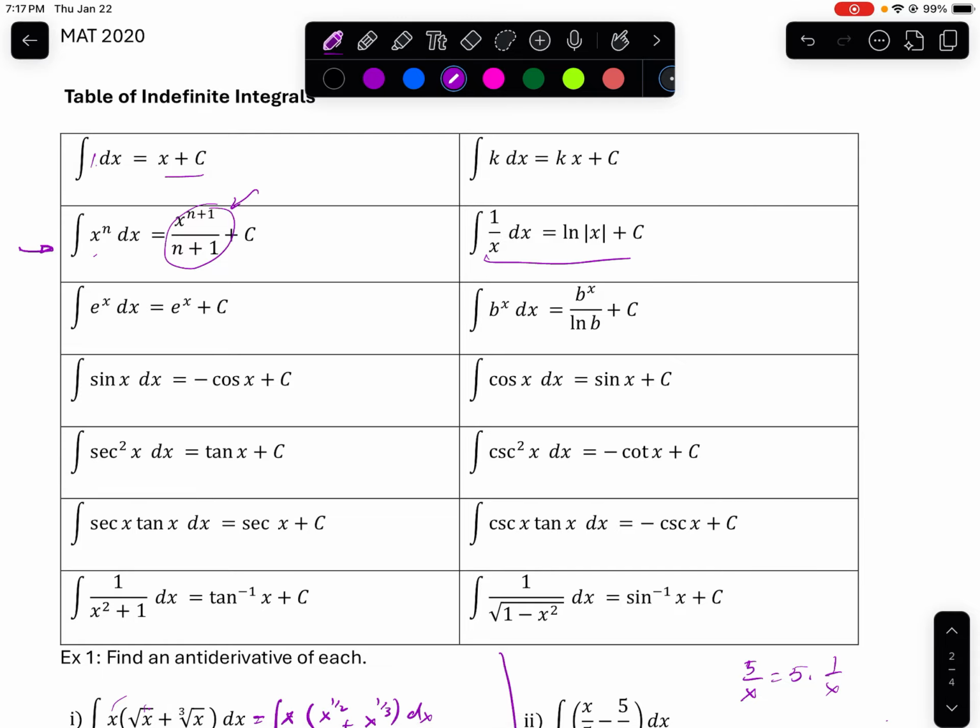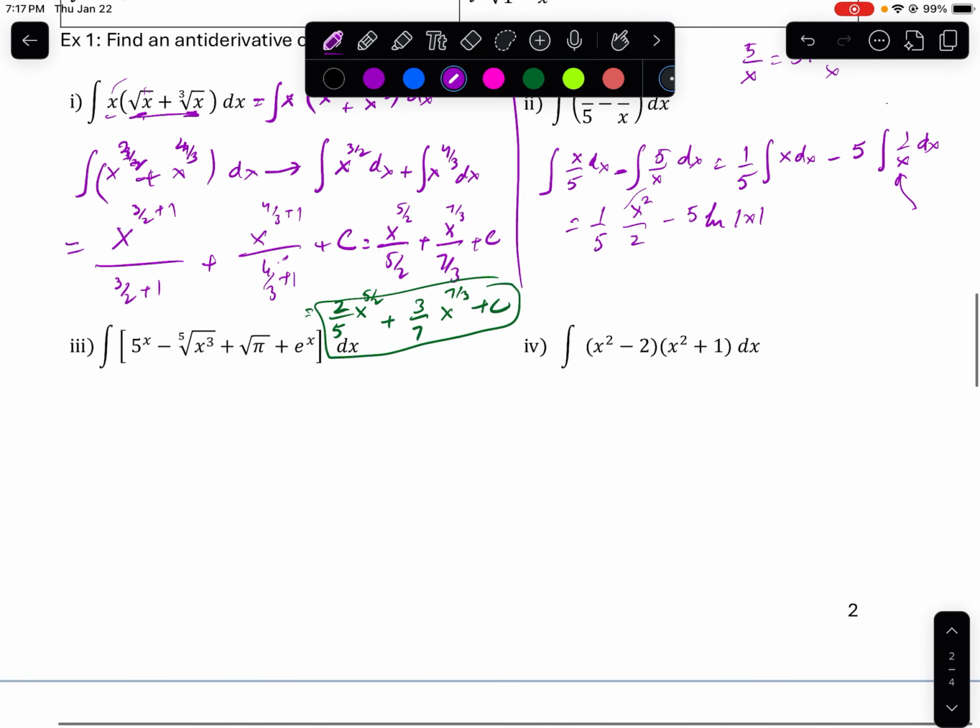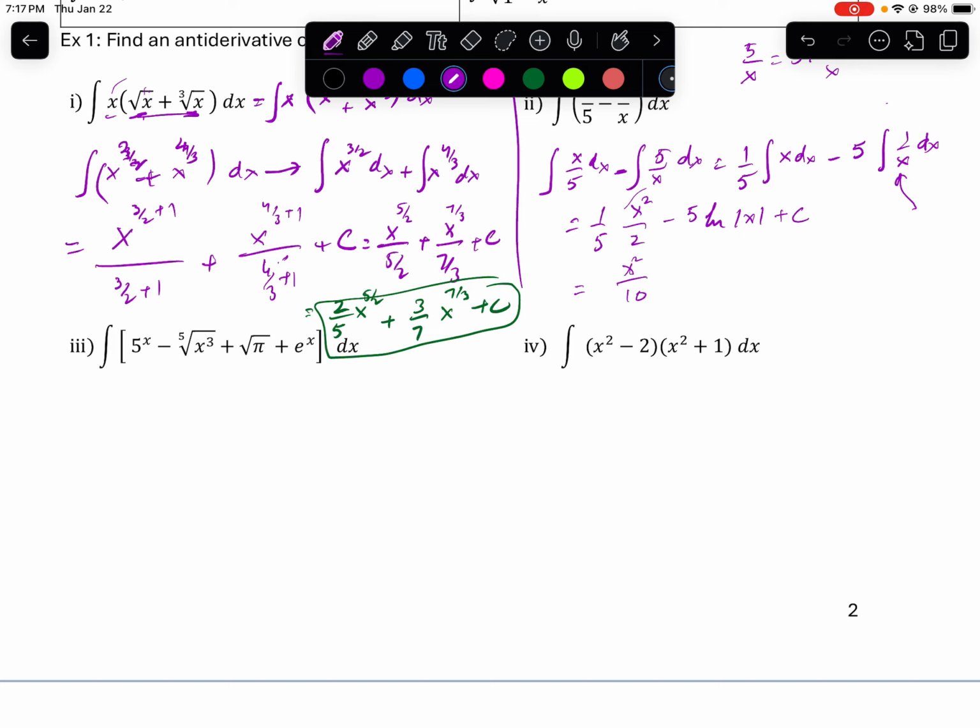So now plus c. Well, we can simplify a little bit: we can have x square over 10, or 1 over 10 x square, minus 5 ln of absolute value of x plus c. So this will be the final answer.